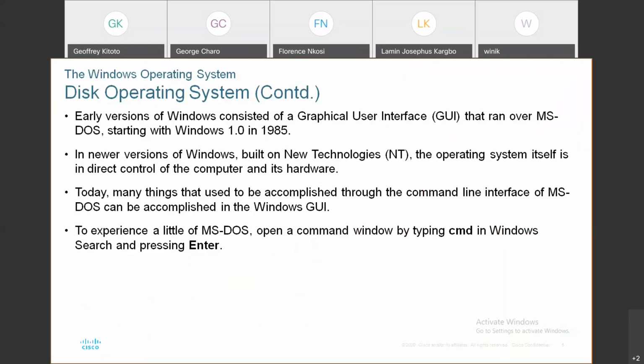So, we have the versions. The early versions of Windows consisted of a GUI, that is graphical user interface, that ran over DOS, starting with Windows 1.0, this version of Windows, in 1985. I don't know whether I was born then, but it started a long time ago.